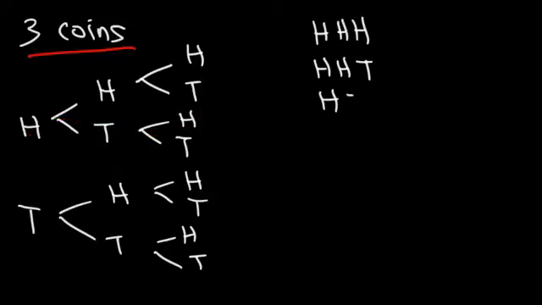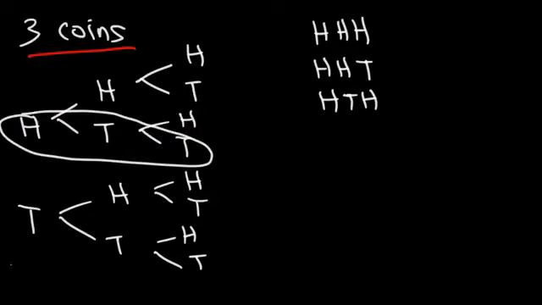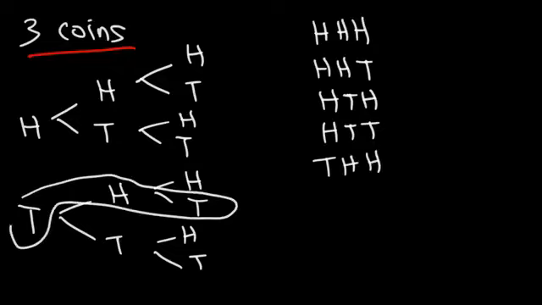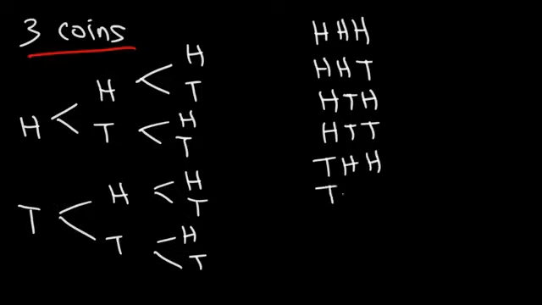So that's HTH. The fourth is heads, tails, tails. So HTT. And then repeating this process, we can see that the next one is going to be THH. And then THT, TTH, and the last one is going to be TTT.